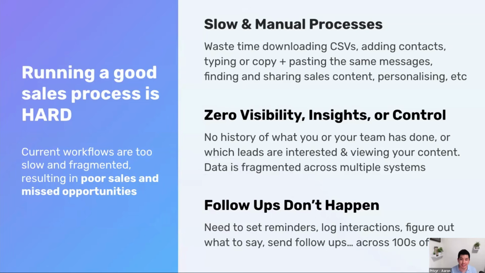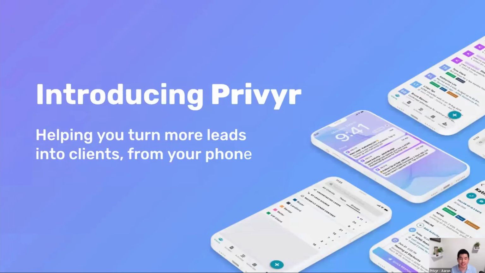Our job is to just make it easy for you to turn more leads into clients right from your phone. Now, of course, we have a web version as well that you can use, but we really shine if you are working off your phone a lot and just need something simple and effective, yet powerful to help you do more sales. So what we've seen is we deliver a 5 times improvement in sales and productivity for a lot of our customers.